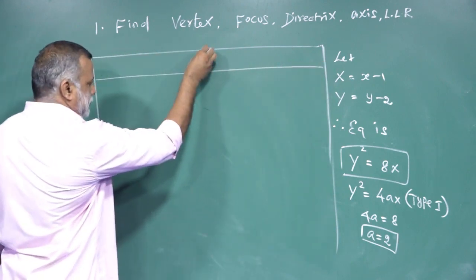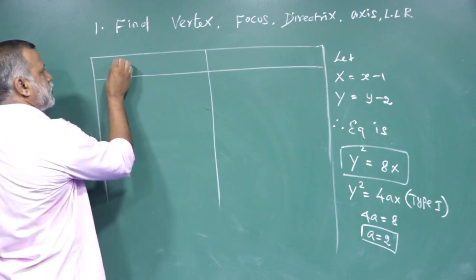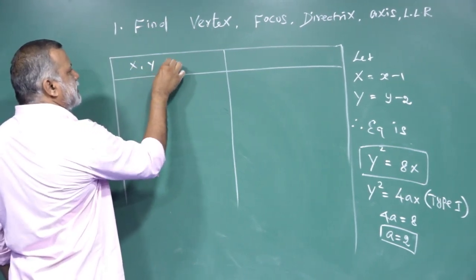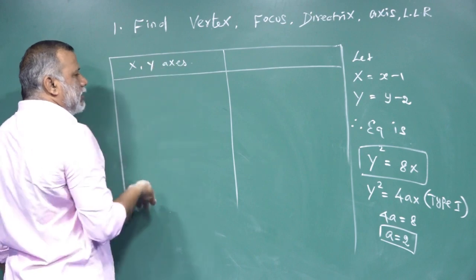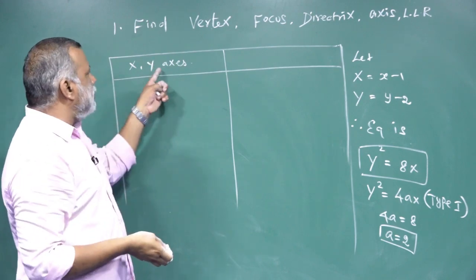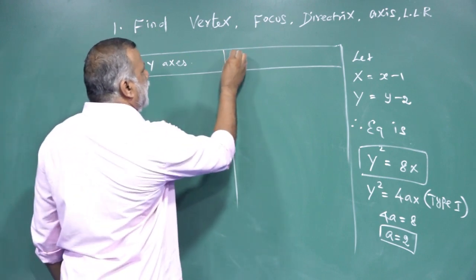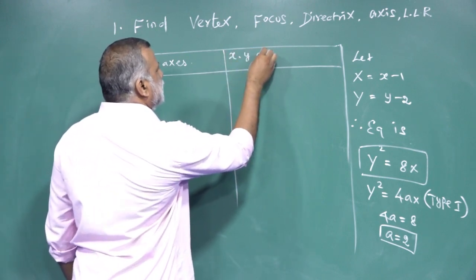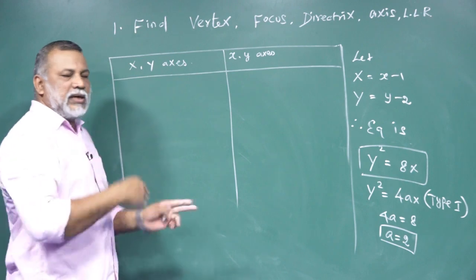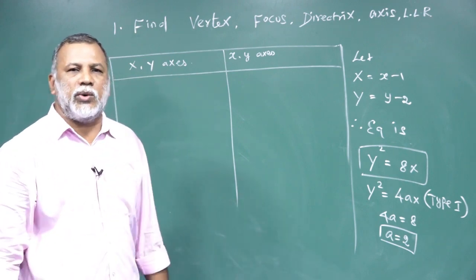In this table, the first column goes to capital X, capital Y axis. That means all the results are based on capital X and capital Y axis. Here, small x and small y axis. All the results are converted to small x and small y axis.